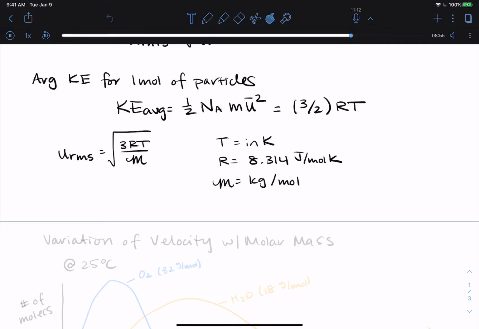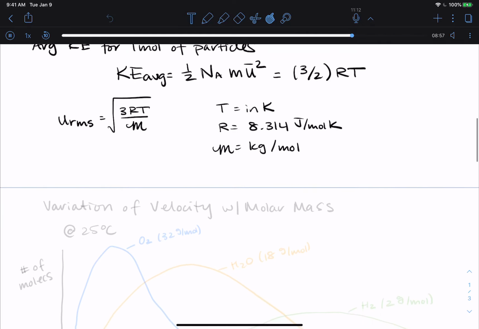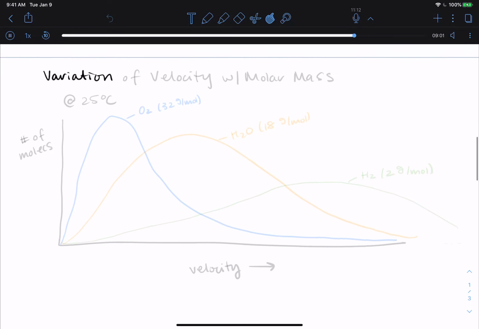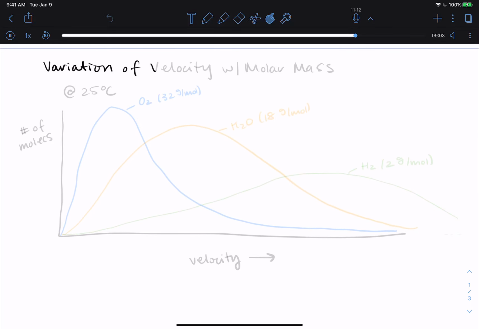Okay, so I did promise that I would draw you a picture. I'm going to draw you a picture that shows the variation of velocity with molar mass. So we're going to look at a plot that is at 25 degrees Celsius. So everything is at the same temperature.